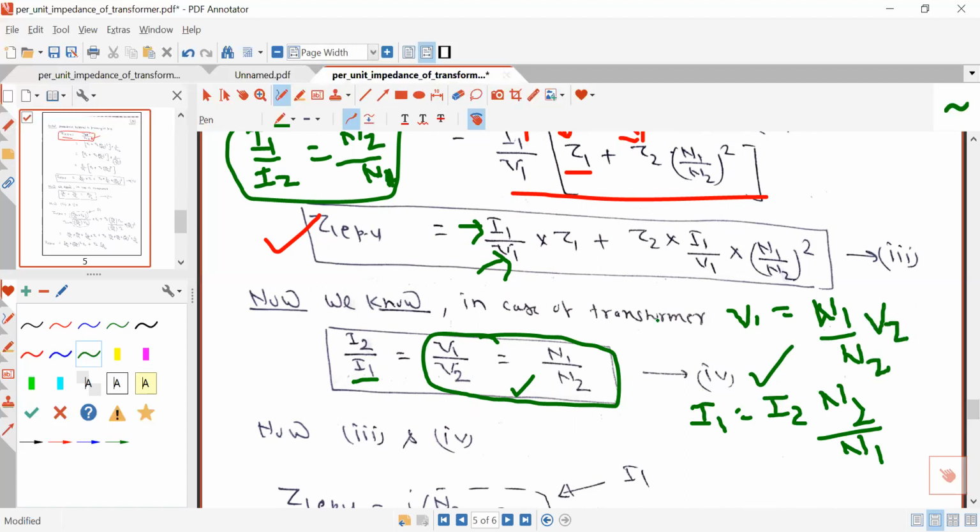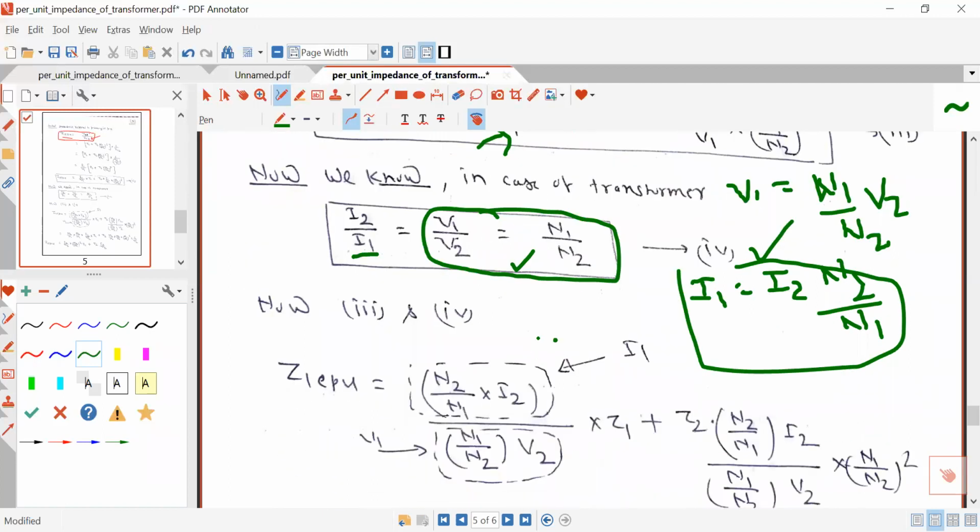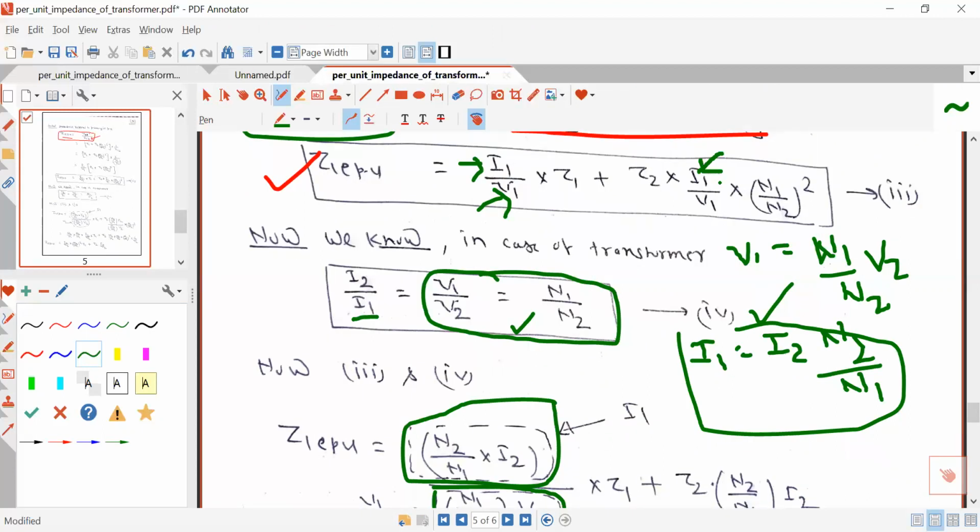So just in place of I1 you write this, and in place of V1 you write this expression. Similarly, here you can replace I1 by this expression and V1 by this expression.